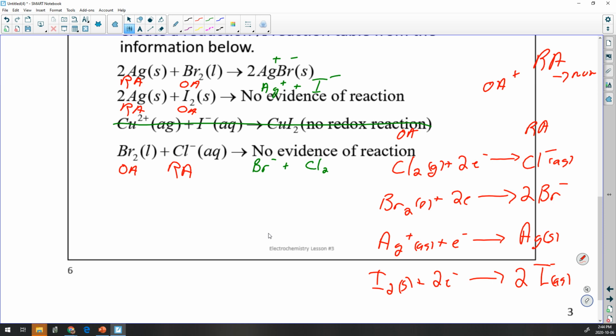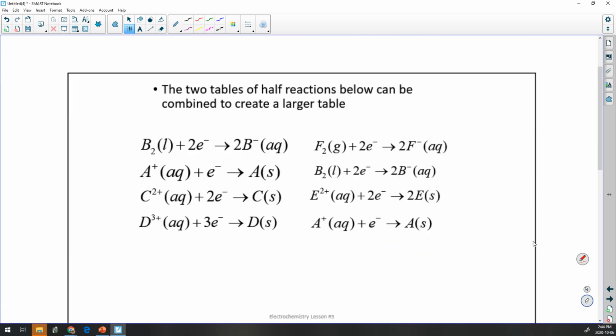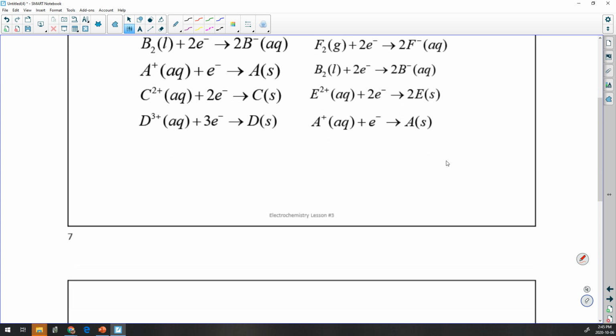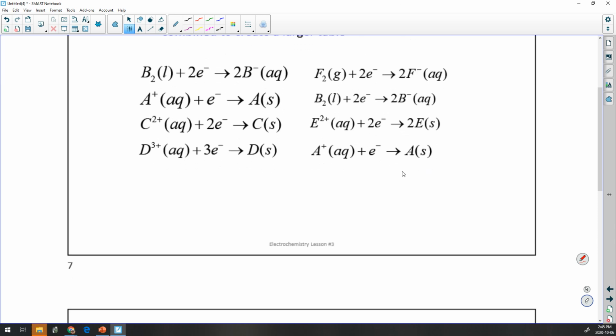But what they've done is they've taken all these different reactions, different tables of half reactions that we've created, and they've shoved them together. So here are two hypothetical ones that have no basis in reality because they're just letters A through F. But this table was created, and then at another time, this table was created.